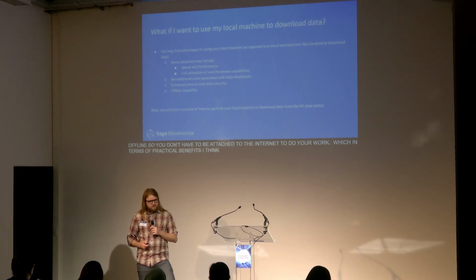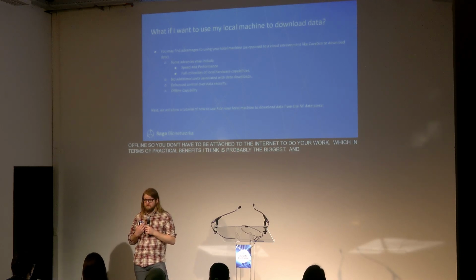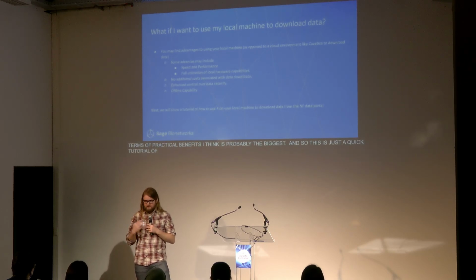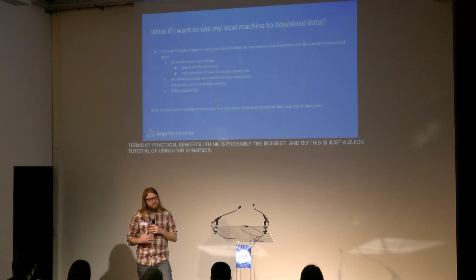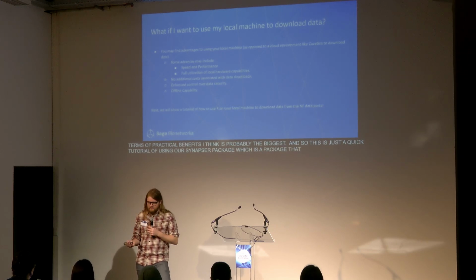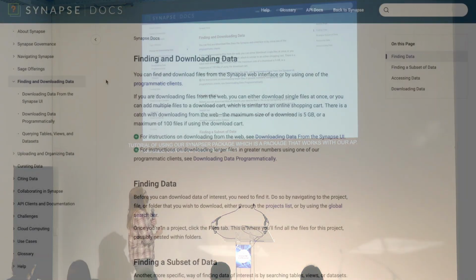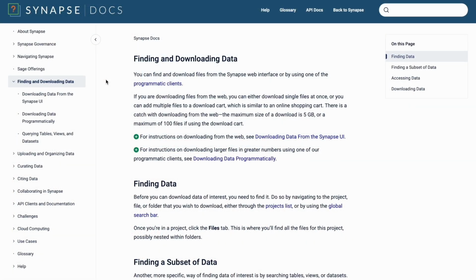And so this is just a quick tutorial of using our synapser R package, which is a package that works with our API to download data from the NF data portal onto your local machine. So we showed in another session that you can easily get data with the Synapse UI, especially that nice integration that lets you send data to other platforms like Cavatica.